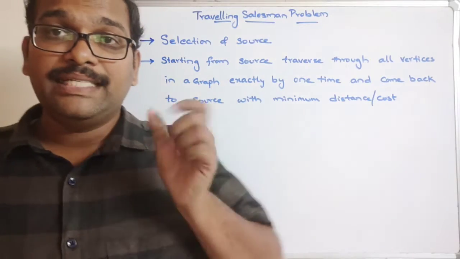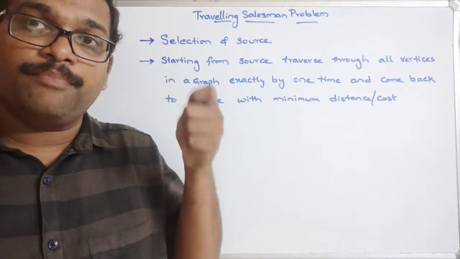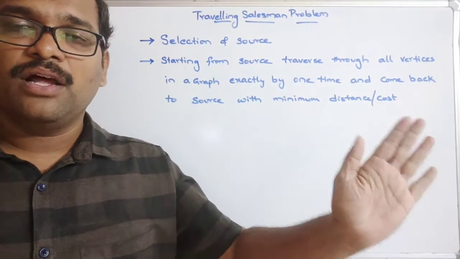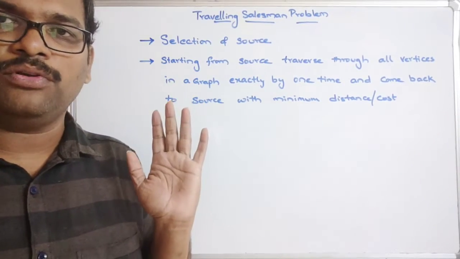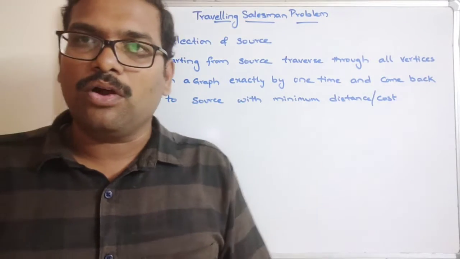So we have to select the source node, and from that source node we have to traverse all the vertices exactly one time and come back to the source with a minimum distance or cost.